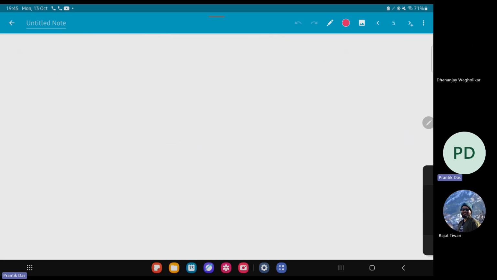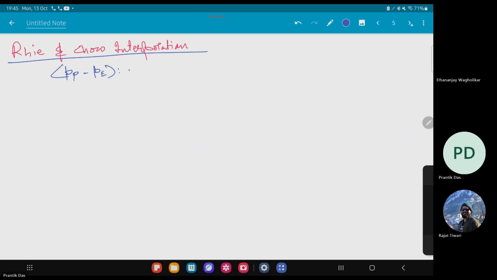Similarly, if I go for a remedy, which is Rhie and Chow interpolation, that is PP minus PE in the expression of EV, we must bring.